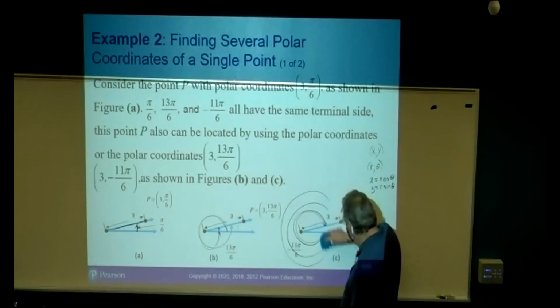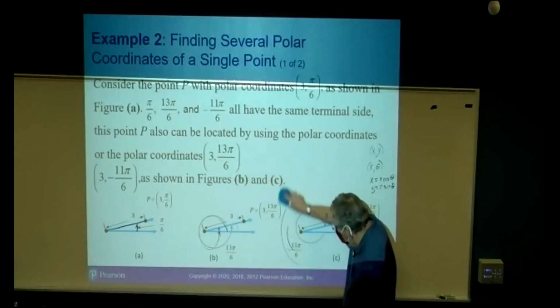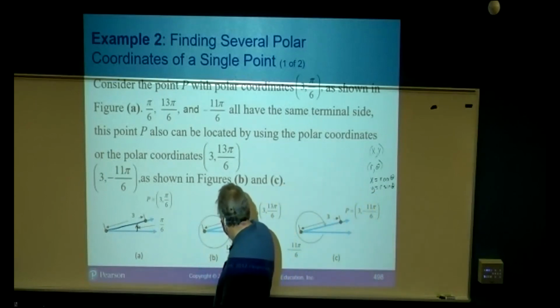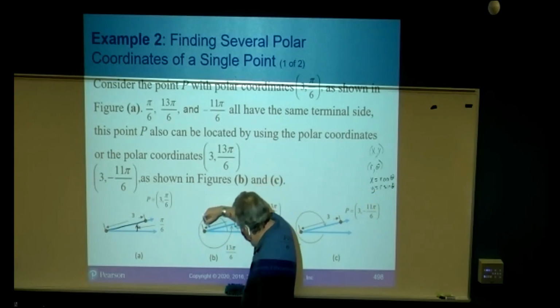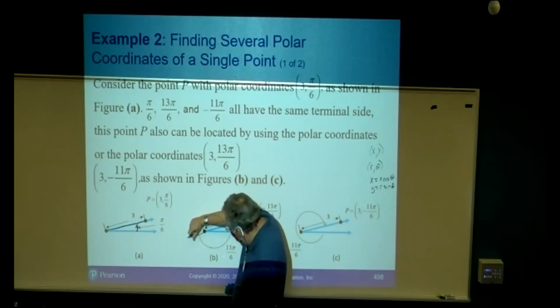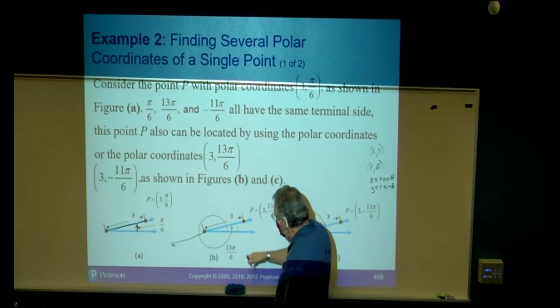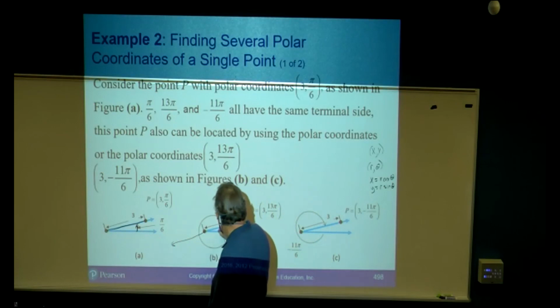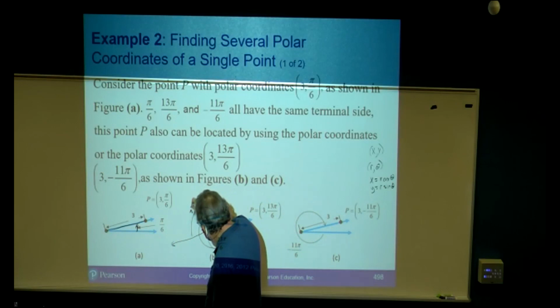What if we did, instead of going to this angle, what if we went to the angle that was the polar opposite of it? So instead of pi over 6, we were going to 7 pi over 6.